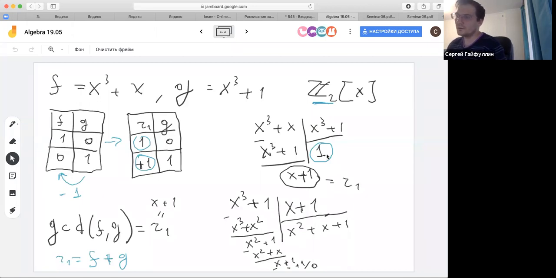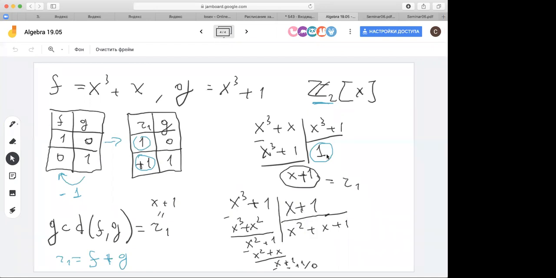I add the second column to the first column with coefficients which I obtain by division. So first of all, I have this one that F equals to G plus R1. So I need to understand that R1 equals to F minus G.